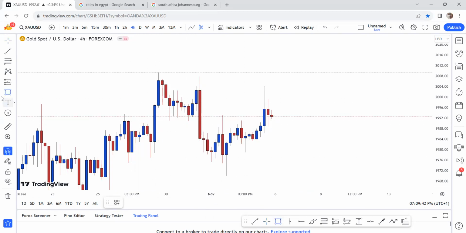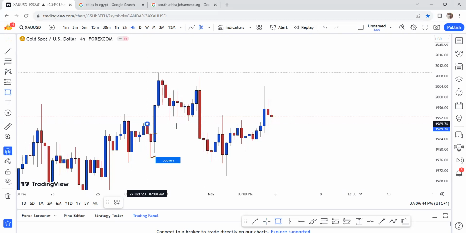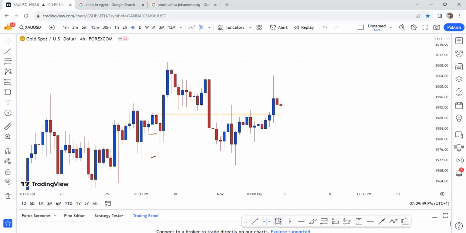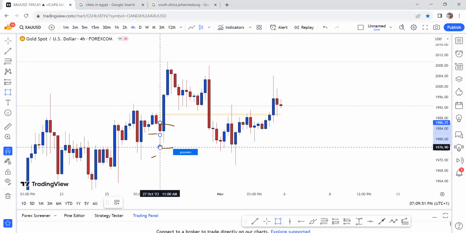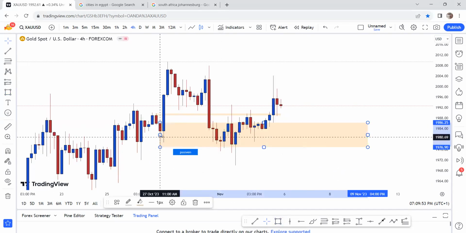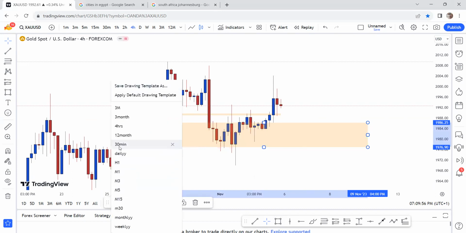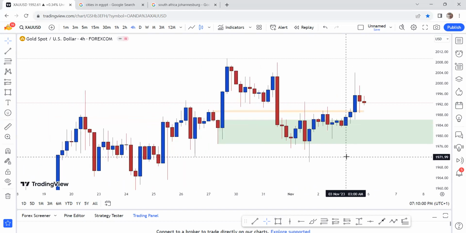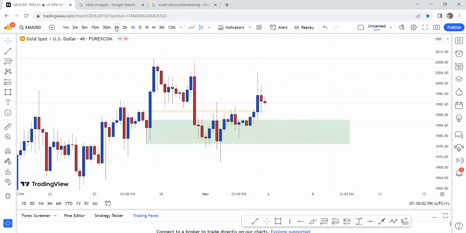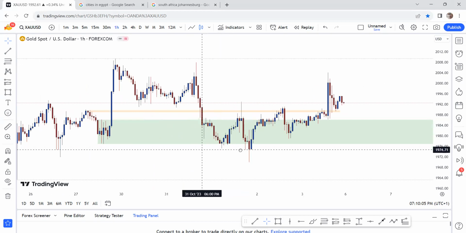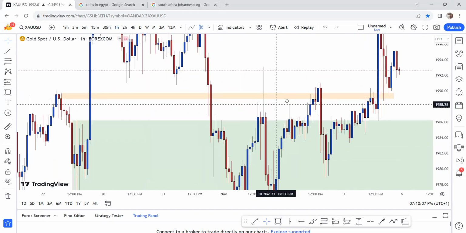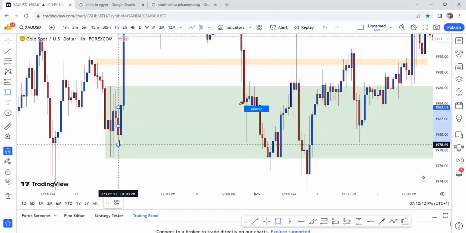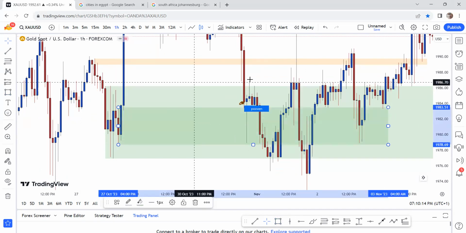In this particular H4 zone, when you go to H1, there's another engulfing there as well. This zone right here. Mark this one. So this is how price closed bearish here, and there's an engulfing buy there.